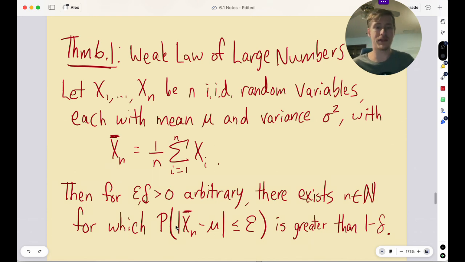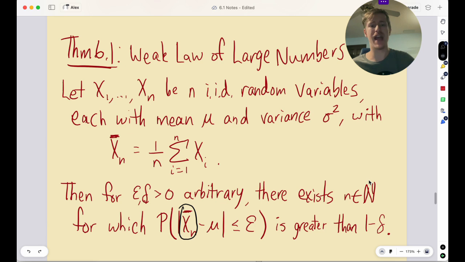Then for epsilon and delta, arbitrary positive real numbers, there exists some natural number, like 1, 2, 1,000, the number of trials basically, for which the probability that the sample mean differs from the actual mean by less than or equal to epsilon is greater than 1 minus delta.